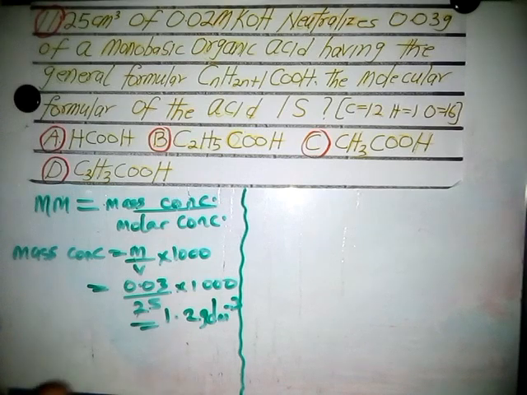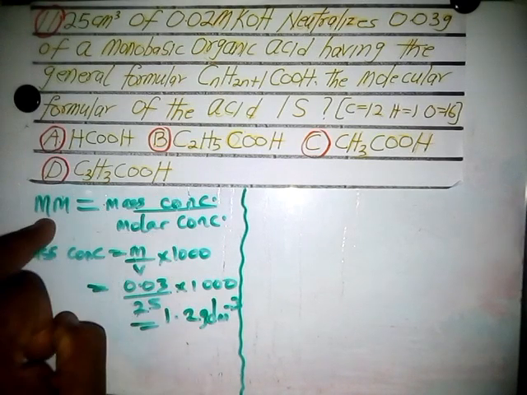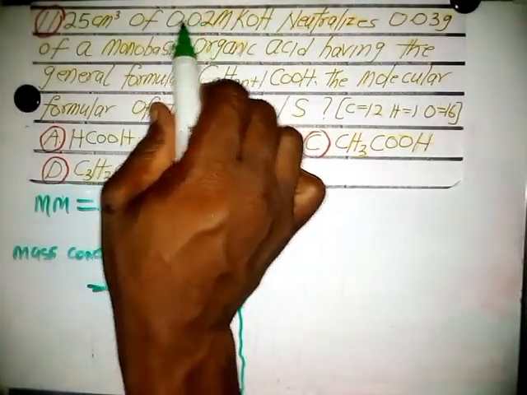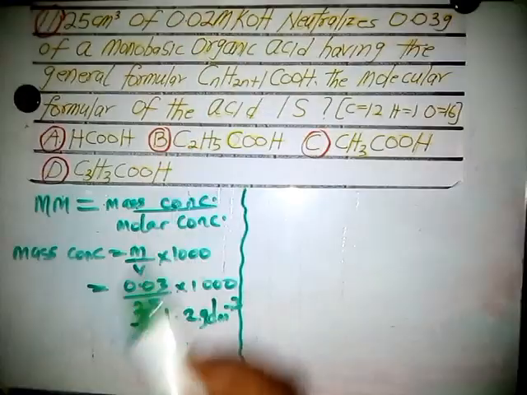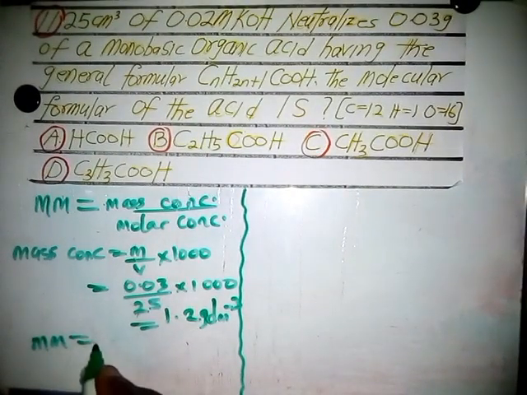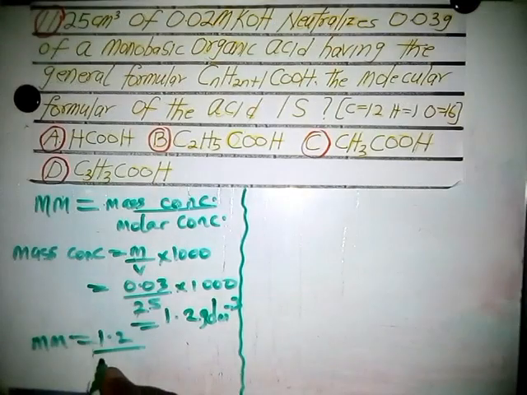So since I've calculated the mass concentration, can I put this value here so I calculate the molar mass? Remember, we know the molar concentration as 0.02. So the molar mass is equal to mass concentration 1.2 over molar concentration 0.02.